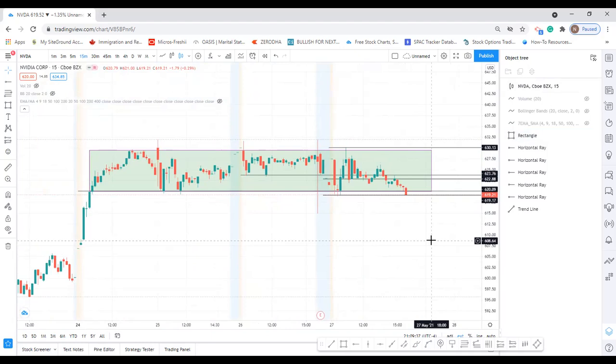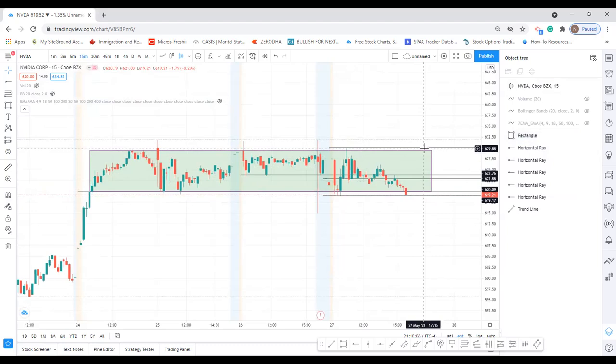If it opens above 622, like 624, you will get resistance around 625 and then 628, 630, 631 levels, which is very unlikely.